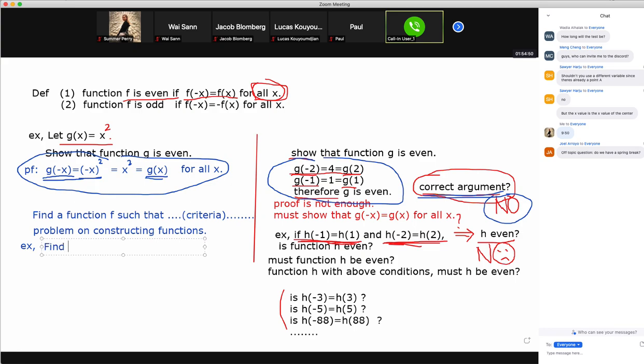Find one function f such that, no need to find all of them, just find one, such that f of minus 1 is equal to f of 1, and, let me stress this, not or, and f of minus 2 is equal to f of 2, and f is not an even function.